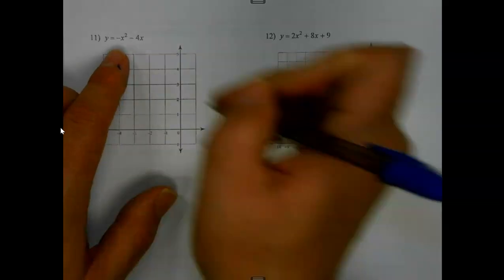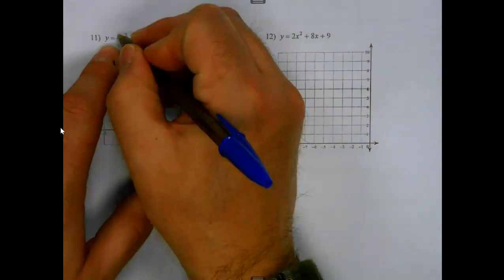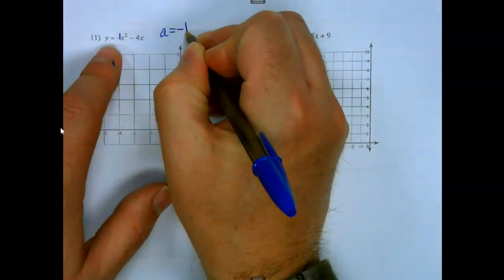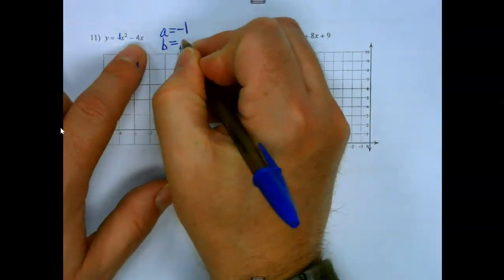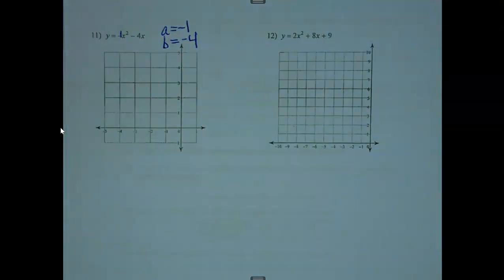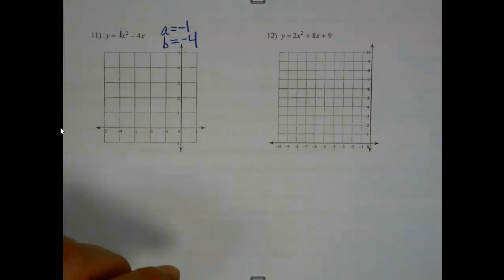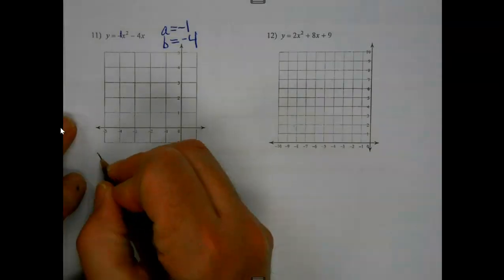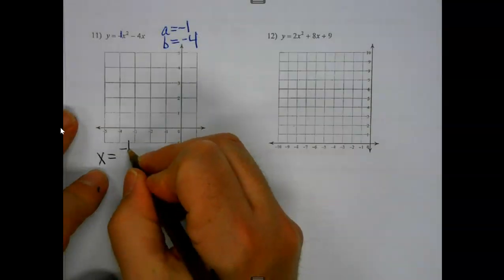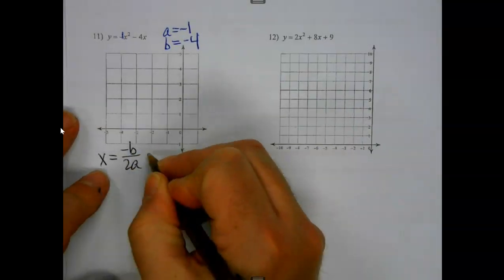It happens. All right. So number in front of x squared is negative 1. B is negative 4. If I needed a C, I guess it's 0 because I don't see one there. So again, if I'm trying to figure this out, we're doing the opposite of b over 2a.